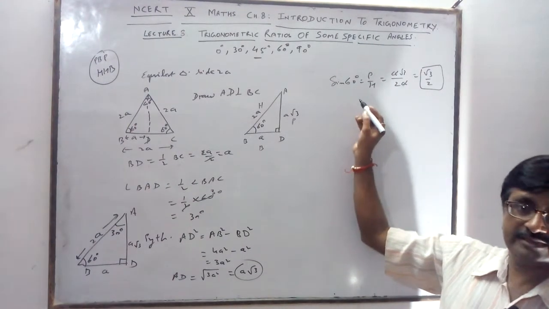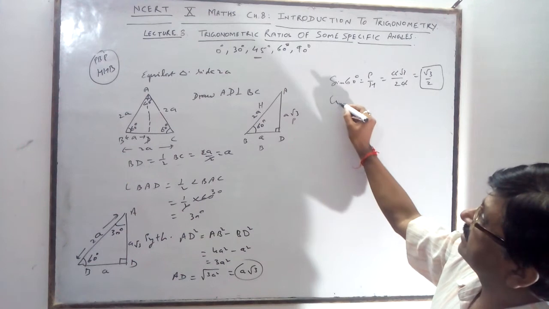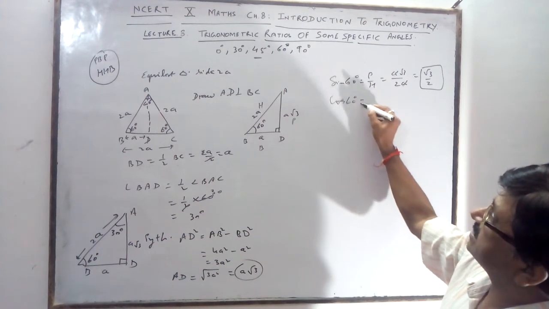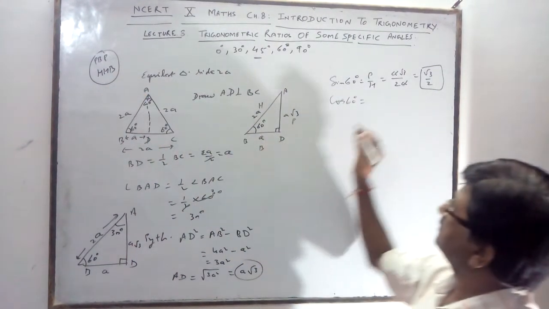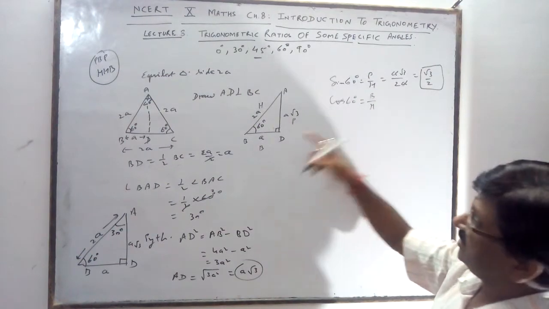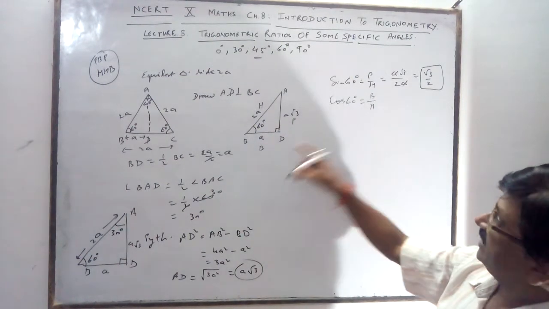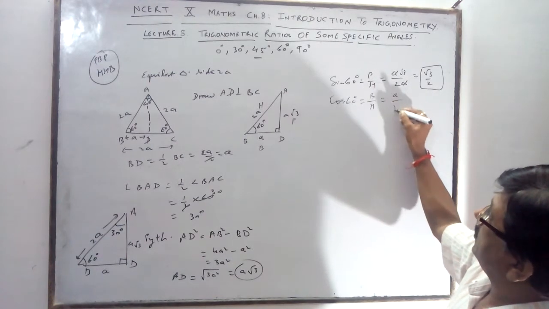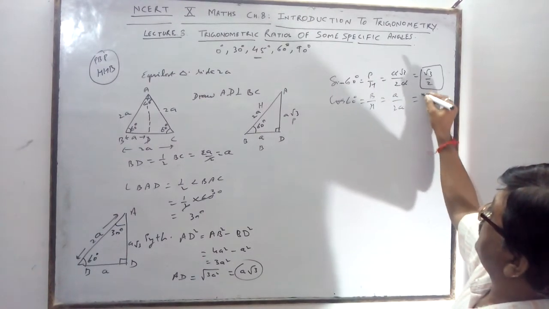Same thing you will write here for cos 60. Cos 60 degree, B upon H. Only this figure you see. Base A upon 2A, so 1 by 2.